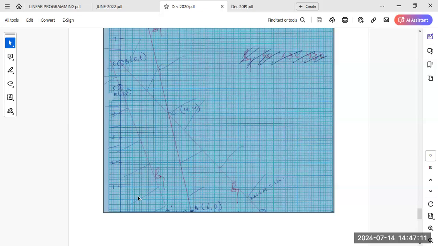So if the answer is yes, it means that the side you picked those points is the wanted region. You should shade the other side, and that's why you see the shading is also here up.